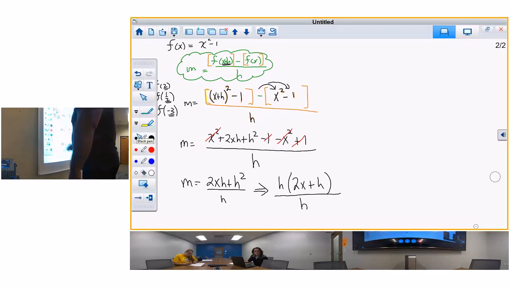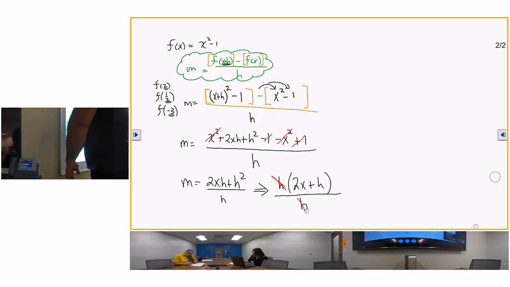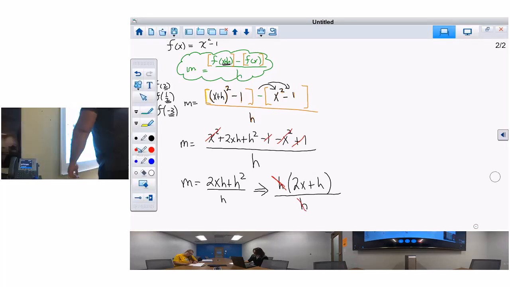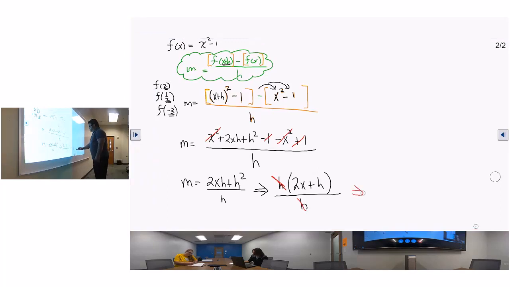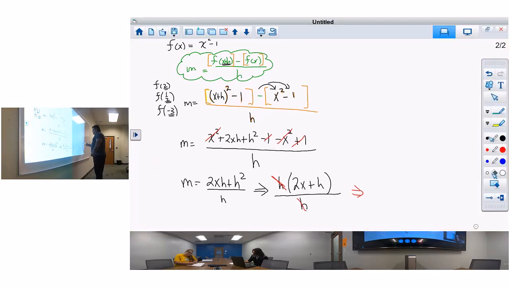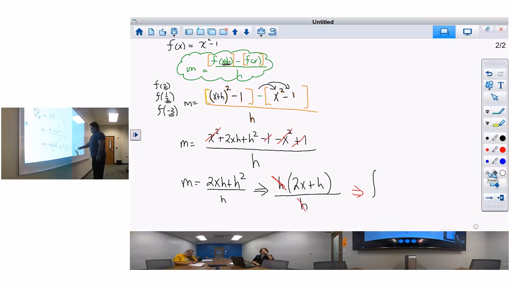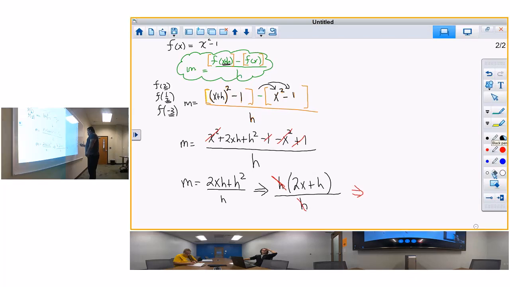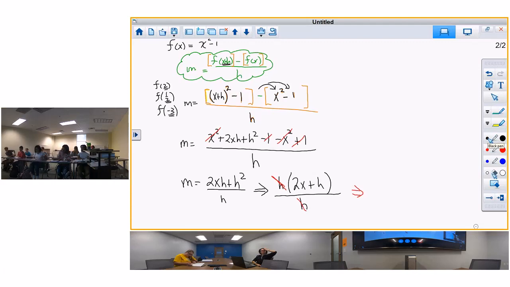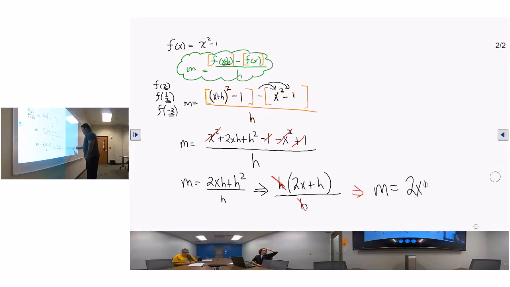Take your red pen, and you're left with, sorry, m should be f of x. Eventually you have to call it the difference quotient. Bam. The difference quotient is equal to 2x plus h.